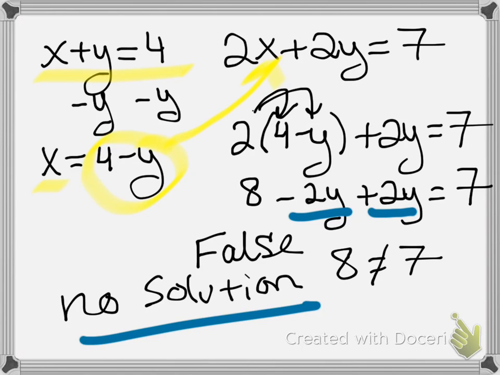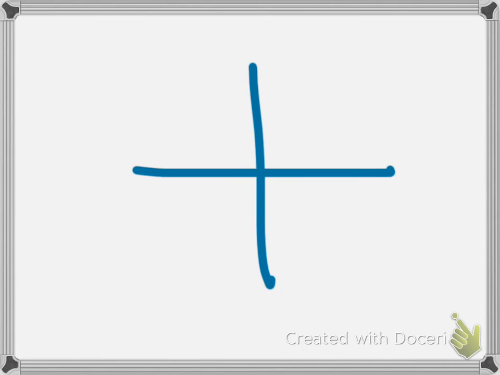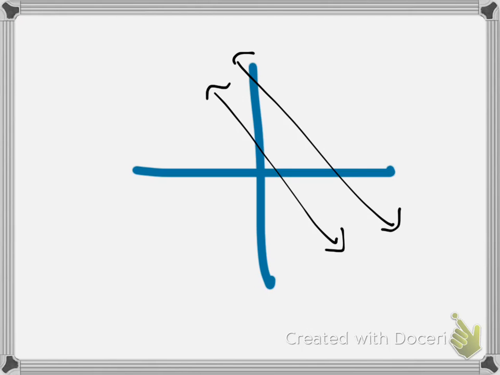And no solution graphs, well, if there's absolutely no solution to two lines, that means that they're never crossing. They're never going to intersect. And what do two lines look like when they never intersect? They are parallel lines. So they're going at a constant rate, and they have the same slope, and they're always the same distance apart. My lines aren't perfect, but you can imagine.